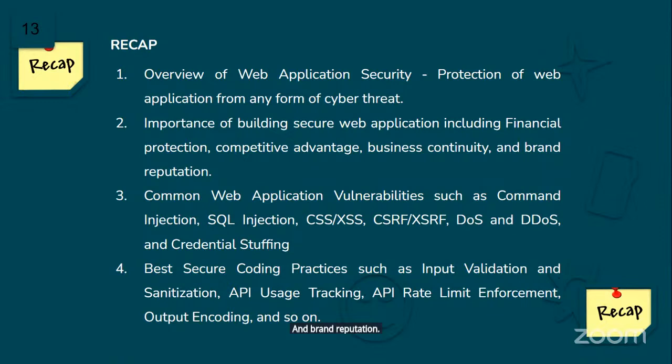Common vulnerabilities in web applications include command injection, SQL injection, XSS, CSRF, DoS and DDoS, and credential stuffing. The best secure coding practices include input validation and sanitization, API usage tracking, enforcing rate limits on your API, encoding the output, and so on and so forth.